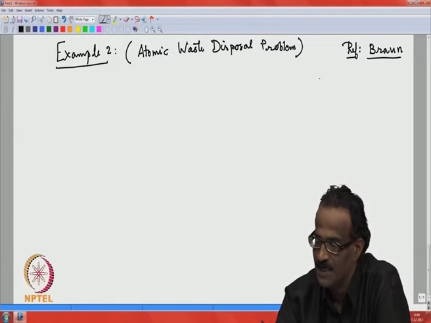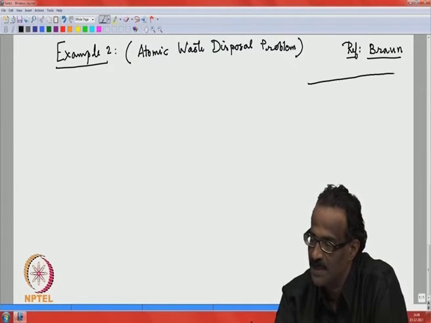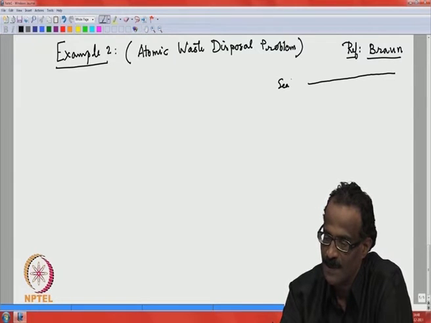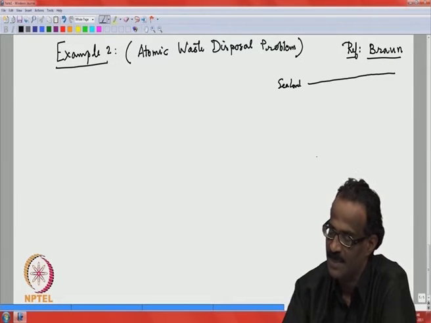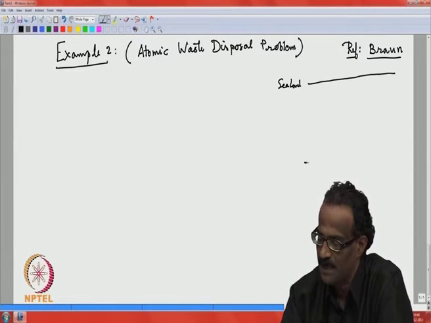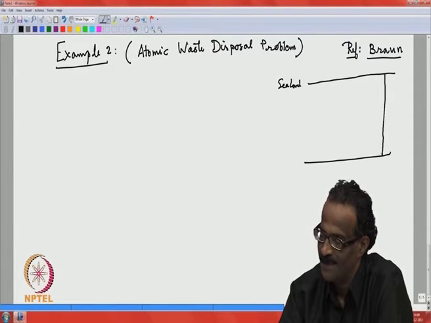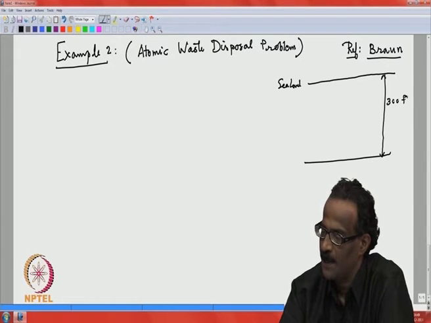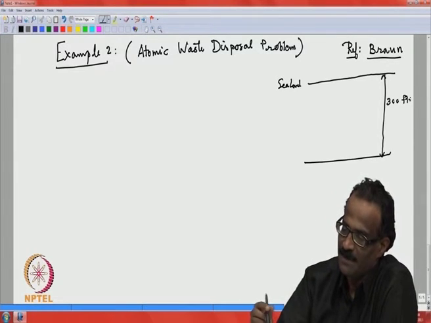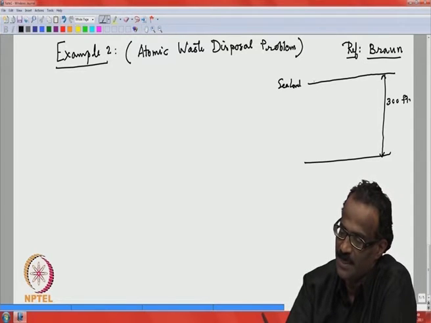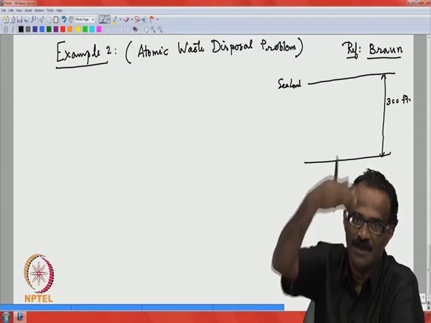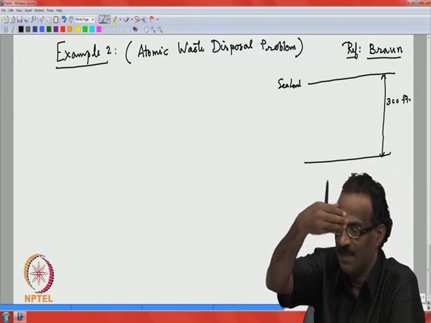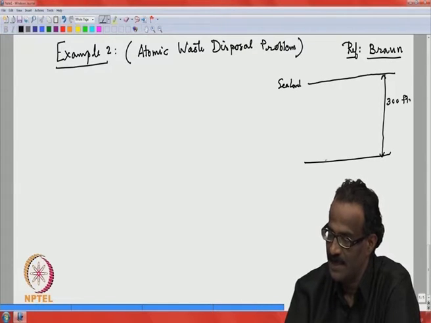So, you have the sea, and this is the sea level. They were disposing this atomic waste in a place where the total depth was around 300 feet. The issue was that when they dispose of this waste at the sea level, the drums will acquire velocity due to gravity and reach a certain speed.